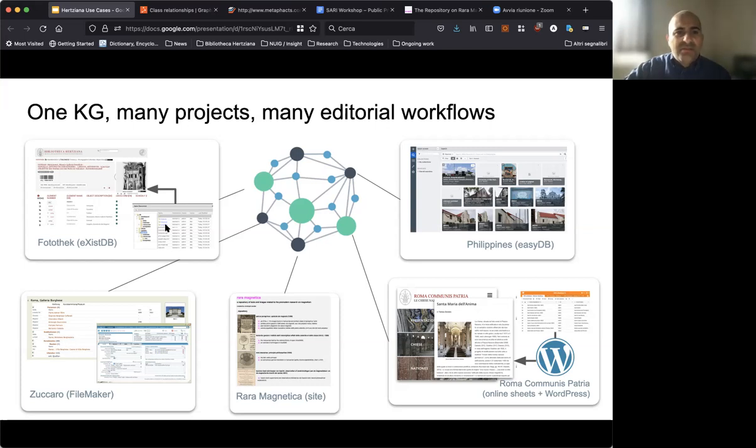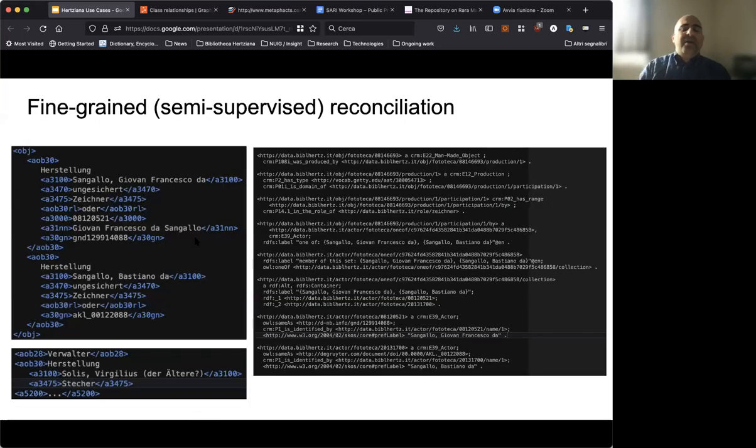Now, what is the problem here? Not everything can be quite easily converted into RDF with simple heuristics that you would put in the hands of something like X3ML, as was showcased yesterday, or maybe OpenRefine.